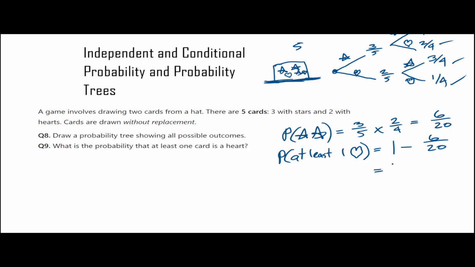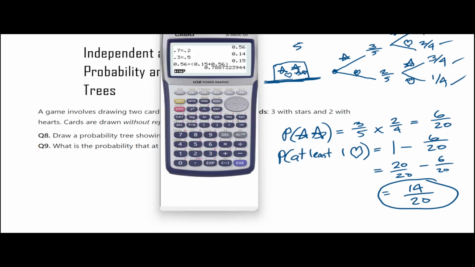So 20/20 minus 6/20, 20/20 is 1, is 14/20. And that's our answer. If we wanted to do it as a decimal fraction, it's going to be 0.7.